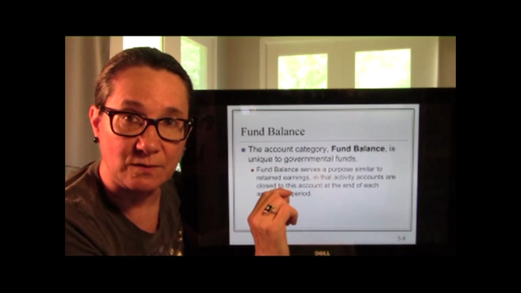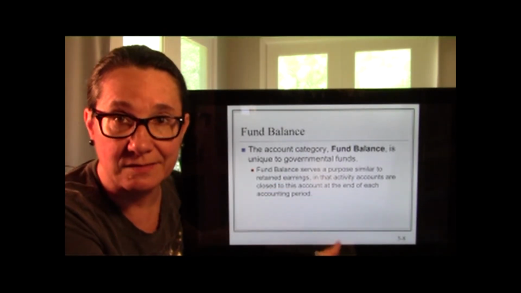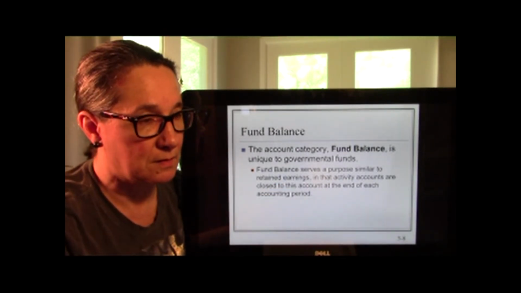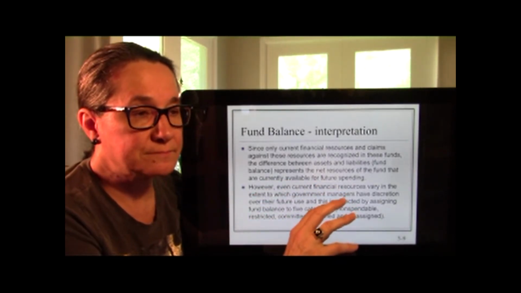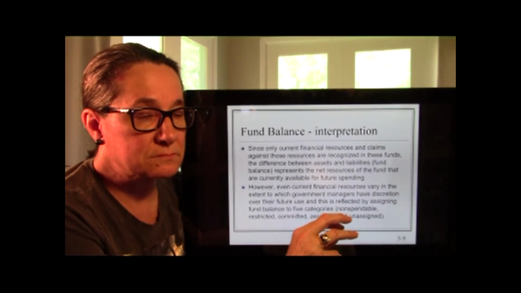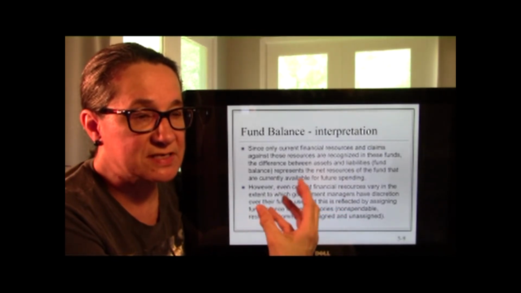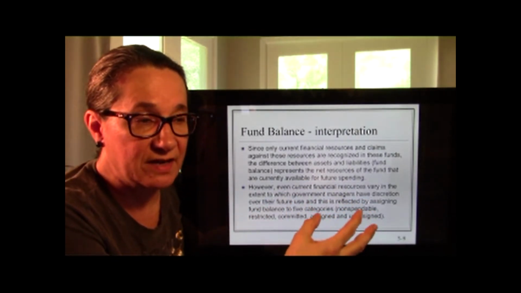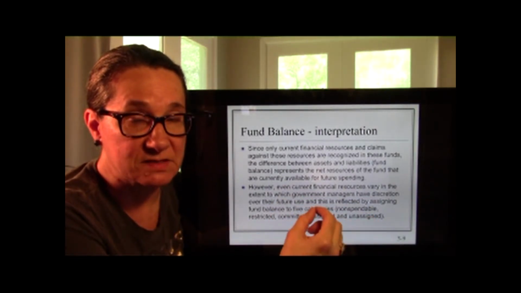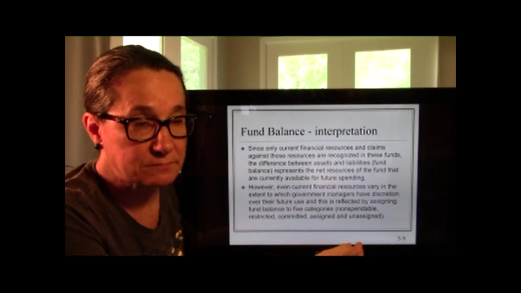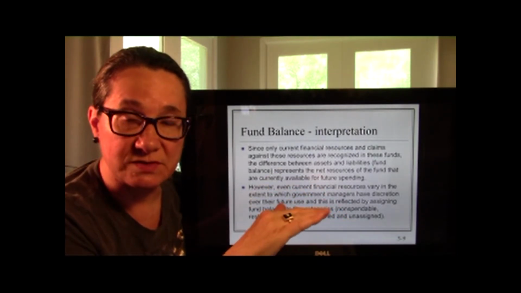So we have a new net position in the fund balance. All right. Now, the fund balance represents the net resources in the fund available for future spending. All right. So if you think about it, this fund balance is what we can spend in the future.